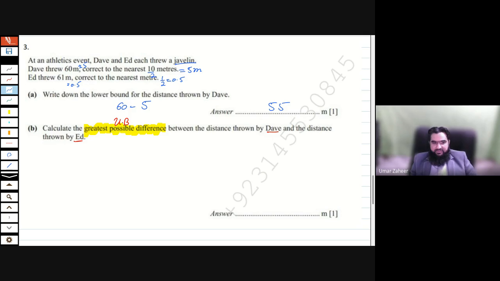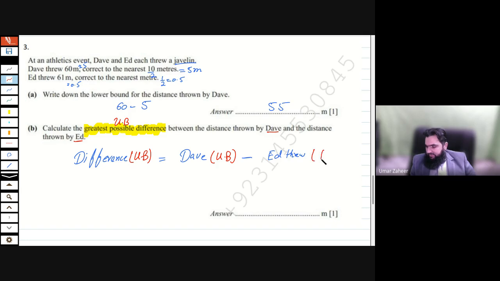So the difference will be equal to throw by Dave minus throw by Eddie. In this case, I need to find the upper bound, so we will take the upper bound of the first value and the lower bound of the second value.